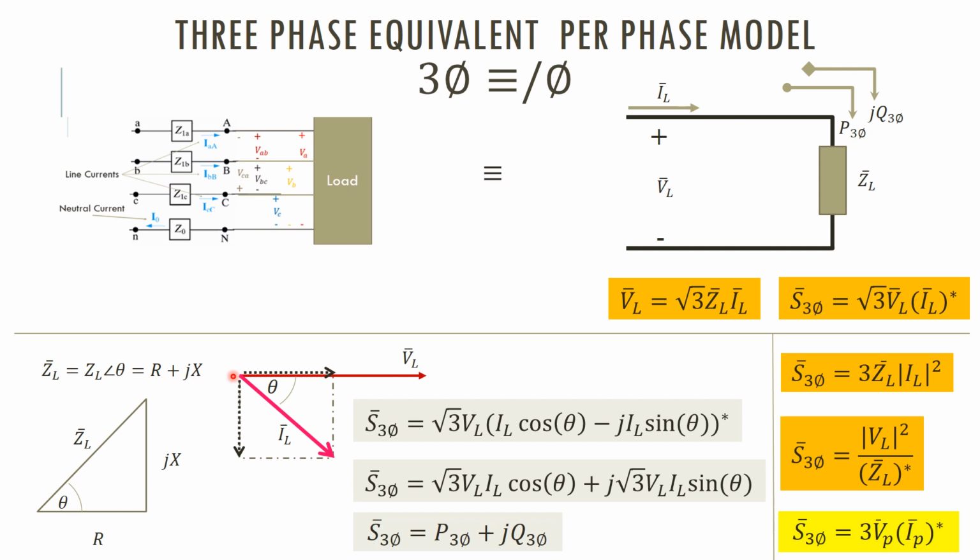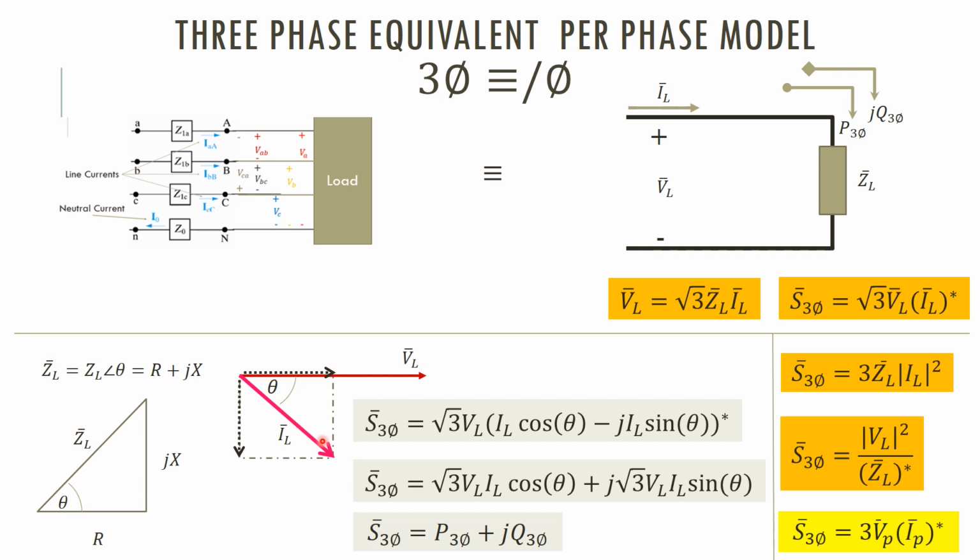So let's say that ZL is equal to R plus jX, ZL is equal to ZL angle theta, that is equal to R plus jX, right? So we can draw it this way. Since it is lagging, an inductive load, you will have a lagging current with respect to the line voltage. So it will be this way.